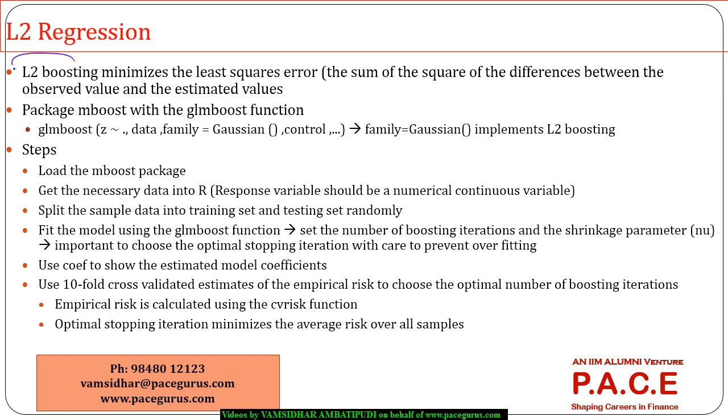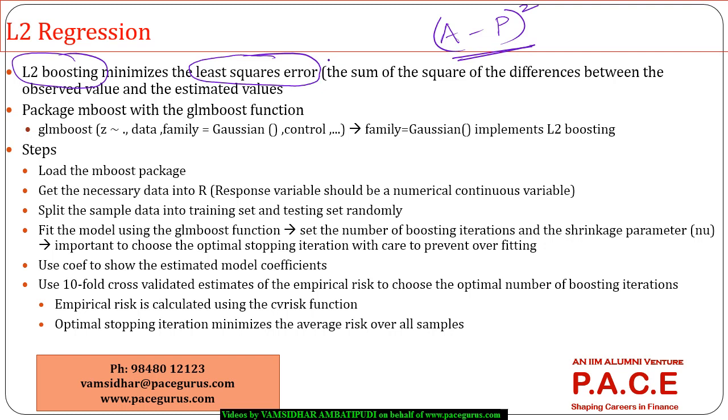Wherever we are talking about L2 boosting, if you remember, we have used L2 boosting even with our classification algorithms. In that, the objective was error minimization. Here it uses least squared error minimization. When I say least squared error, it is the actual values minus the predicted values, whole squared. This is the squared error.